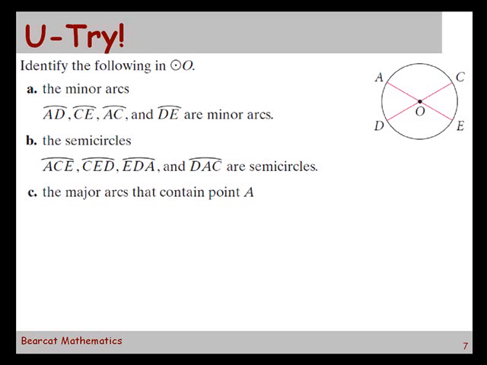ECD doesn't contain, well, it depends on how we interpret contain, right? I guess ECD contains point A in one sense. I was thinking of it as it uses point A in the name, but what do you think contain means? It's inside of it, right? Is point A inside ECD?